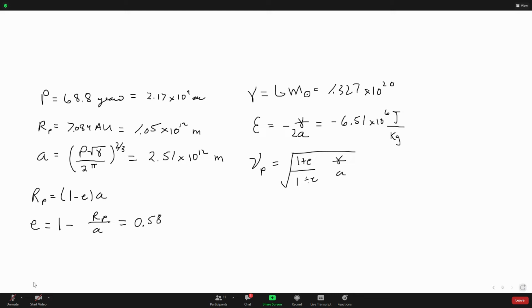Now, I want to point out something to you. Knowledge of the orbit doesn't tell us anything about the mass of the satellite or planet or whatever it is that's orbiting. In order to know the mass of the satellite, we need to have something orbiting the satellite.